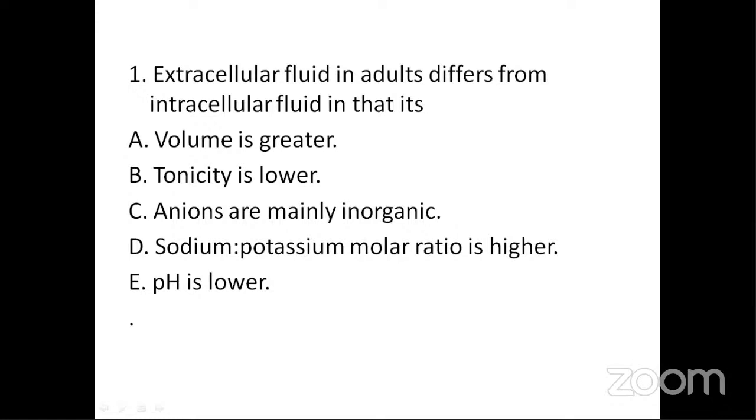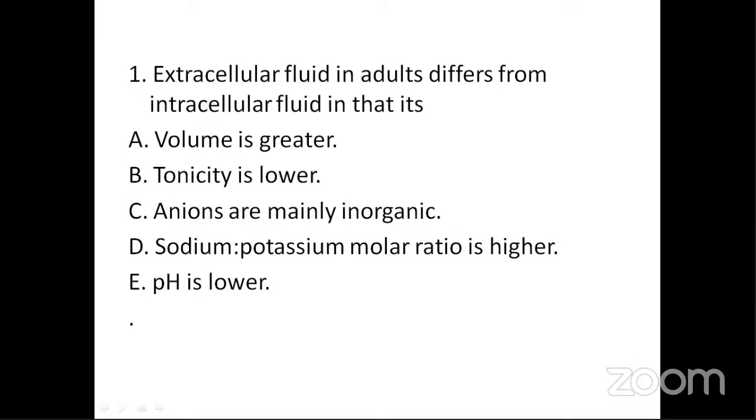And anions are mainly inorganic. That is true because mainly chloride and bicarbonate are the extracellular anions. Inside, the main anions are protein and organic phosphates. Then coming to option D, sodium to potassium molar ratio is higher. Yes, it is true.